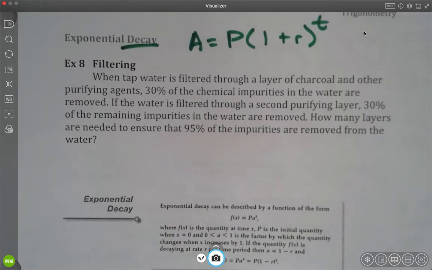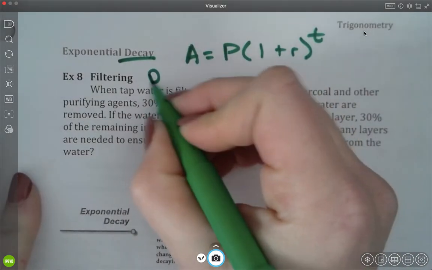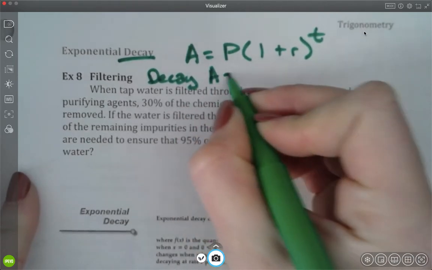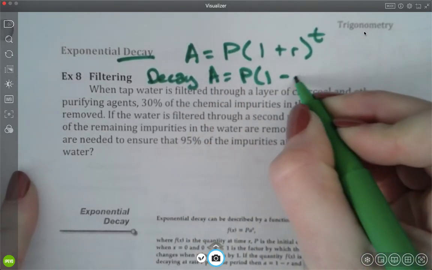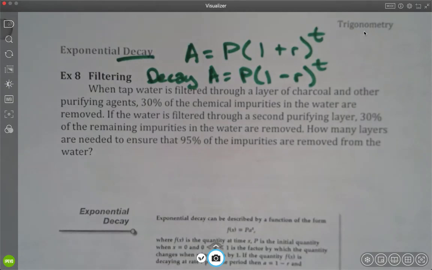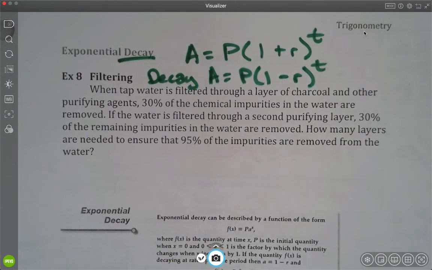It's going to be a minus r. So for decay, this would be 1 minus r, because 1 plus r is going to end up with a number bigger than 1, which is growth. A number smaller than 1 would need to be 1 minus the rate. So when you're doing decay, use that formula.